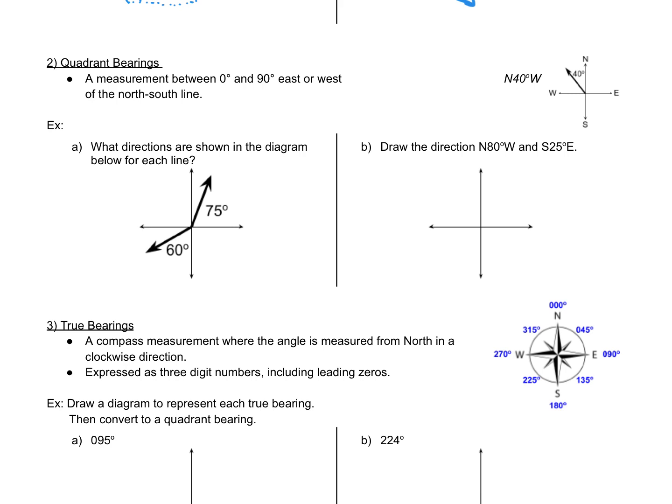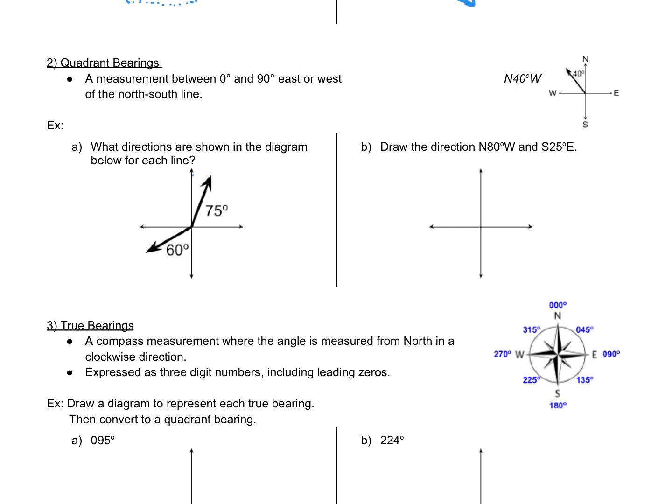Now, it is important that with a quadrant bearing, you always start with your north-south line, which means your angle should always be the angle glued to the north-south, or the y-axis as we typically would call it. So we're going to talk about both of these examples in A, both of those directions, and write them as quadrant bearings.